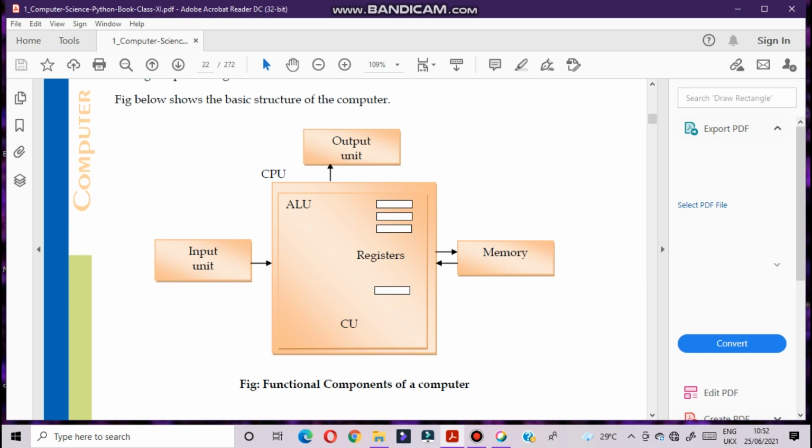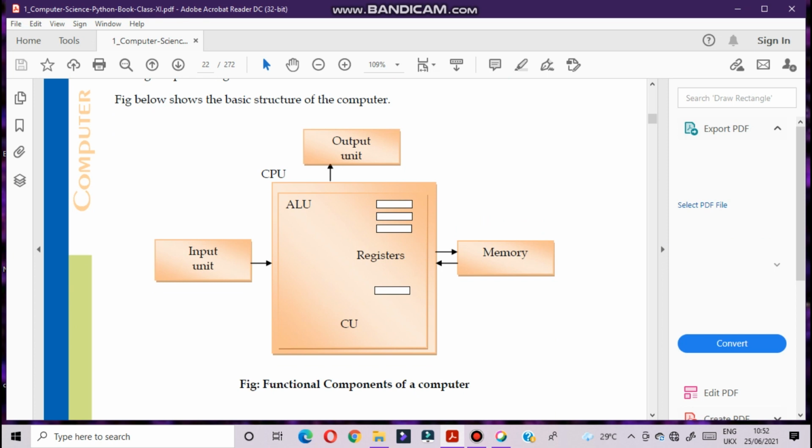What is the work of the CPU? It processes the data which is given by the user using input devices. And what is the use of ALU? It helps to perform operations. Which type of operation? Mathematical operations, arithmetic and logical operations.